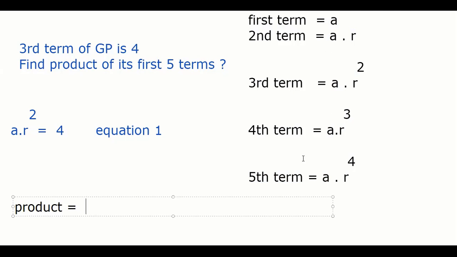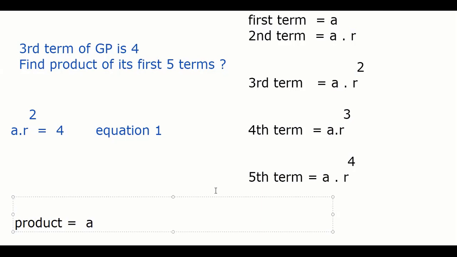A into A into A into A. A to the power 5, or not, guys? Product of all this is A into A into A into A into A, which is A to the power 5. And how much of r is coming? r to the power 4 plus 3, 7 plus 2, 9 plus 1, 10. So r to the power 10 is coming. Are you good on this or not? Correct. A to the power 5 r to the power 10.